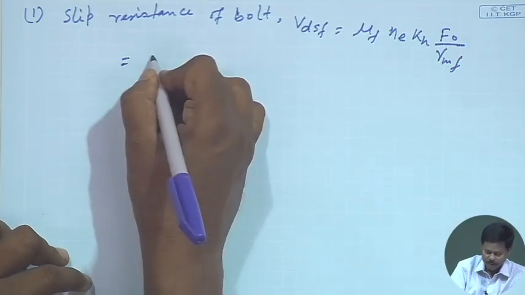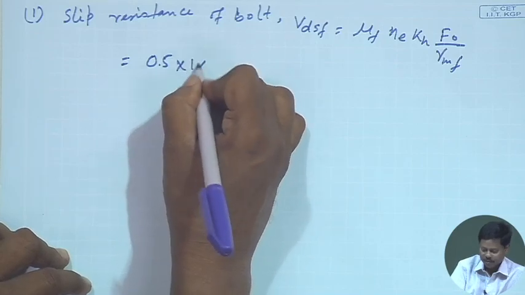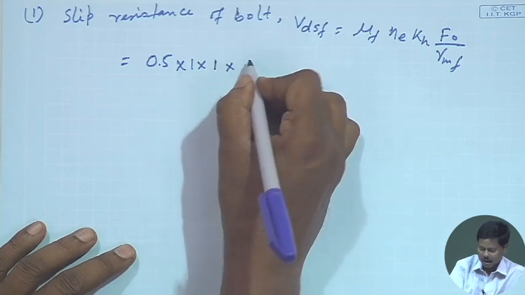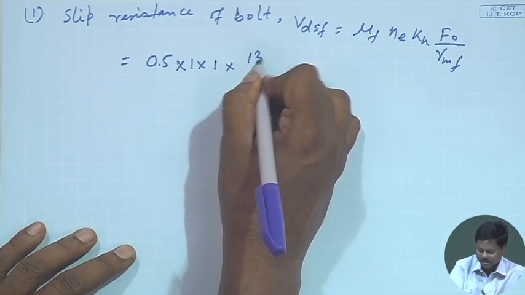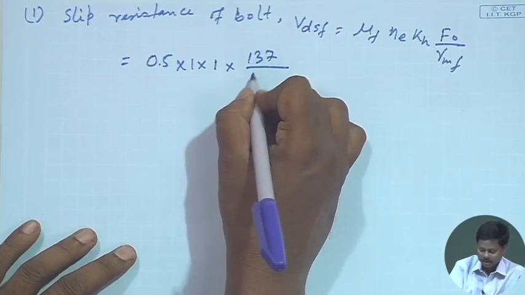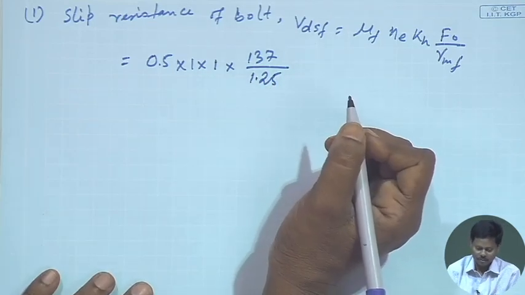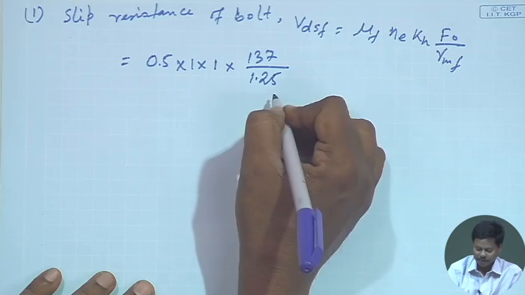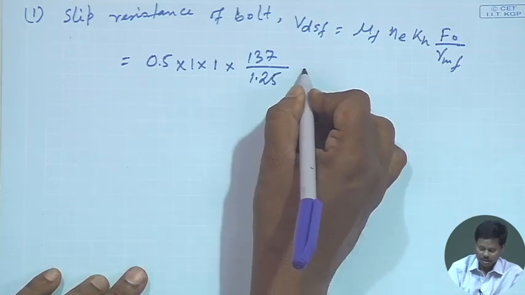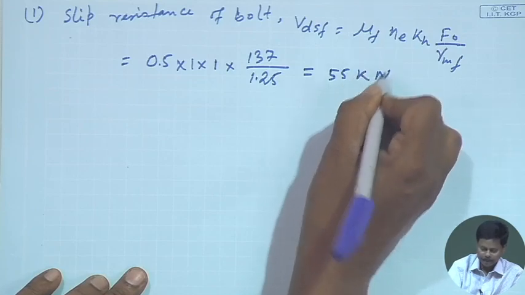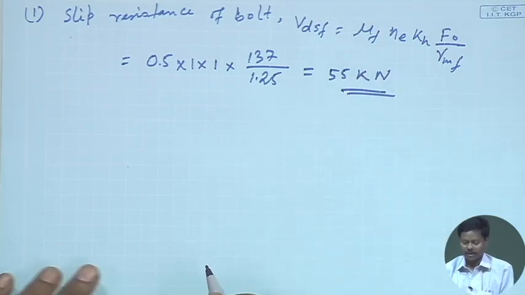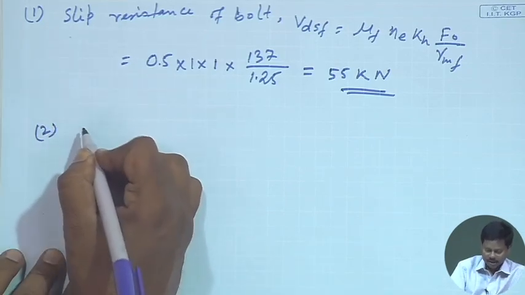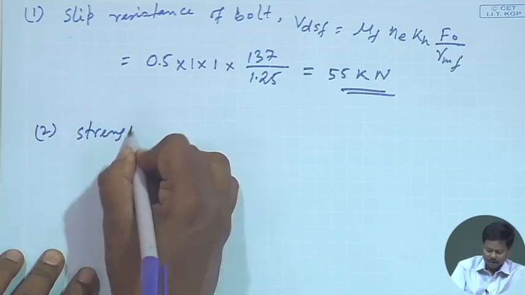If we put the values, mu f is considered as 0.5, Ne kh we assume as 1, F0 we have calculated as 137 kilonewton, and gamma mf is 1.25. So, VDSF is becoming 55 kilonewton. And the bolt may fail due to bearing also.